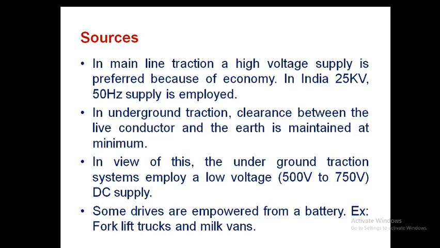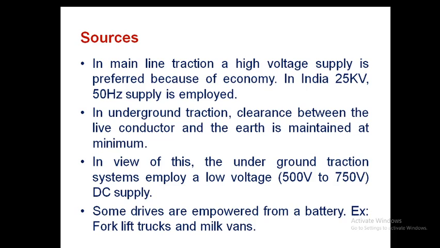In underground traction, generally the clearance between the live conductor and the earth is maintained at a minimum level. In view of this, the underground traction systems employ a low voltage of 500 volts to 750 volts DC supply. So the underground DC supply voltage range is 500 volts to 750 volts.